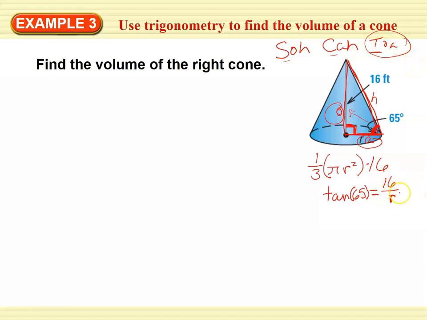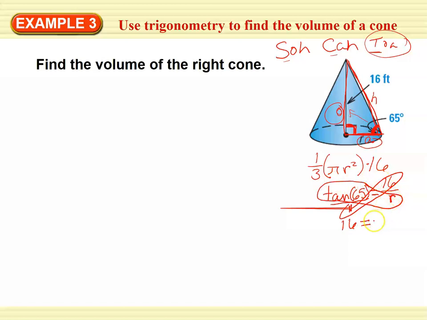All right, so here, one thing that we said we could do is put this over 1, because that makes it a proportion, and we learned how to do proportions already, so we cross multiply. 1 times 16 is just 16, and tangent of 65 times r.